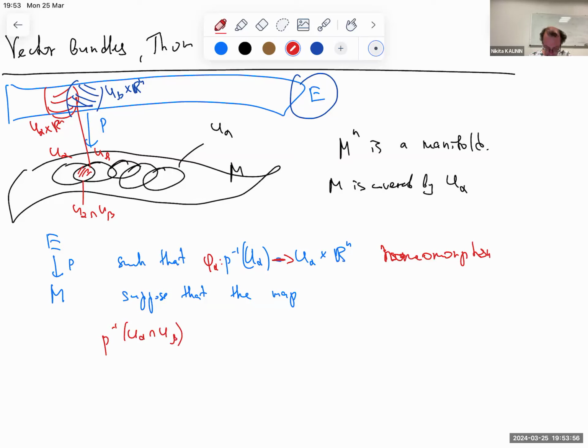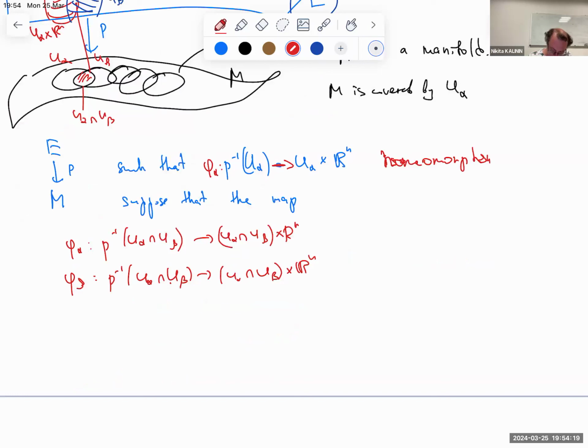Under the image of phi alpha it goes to U alpha cross U beta cross Rn, and under phi beta it goes to the same, but this map may be different.